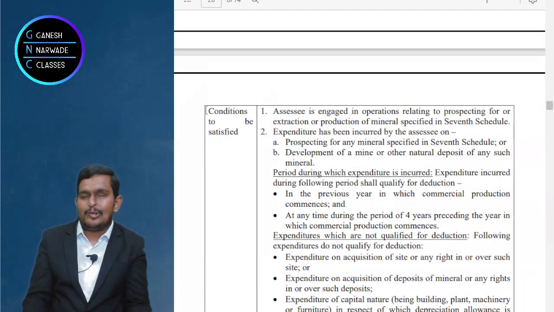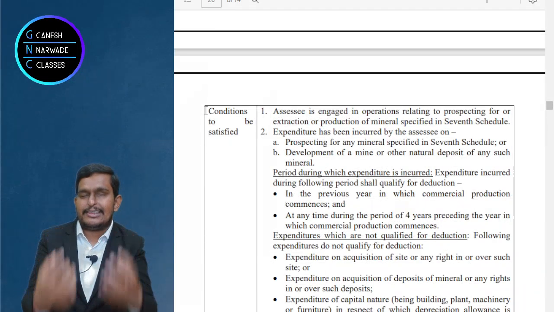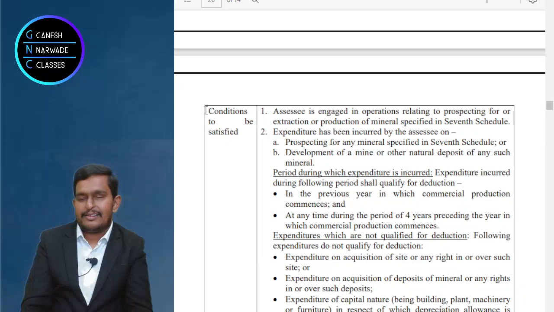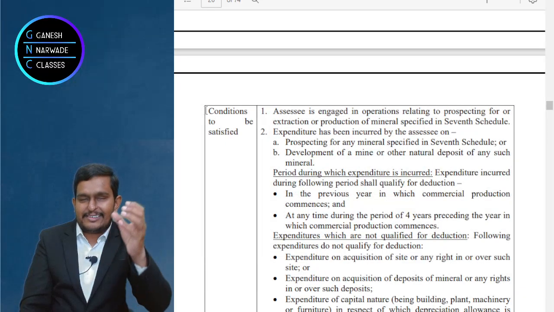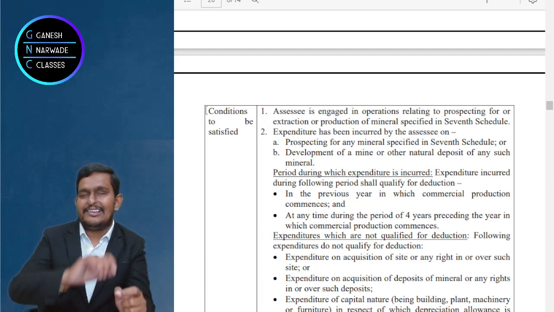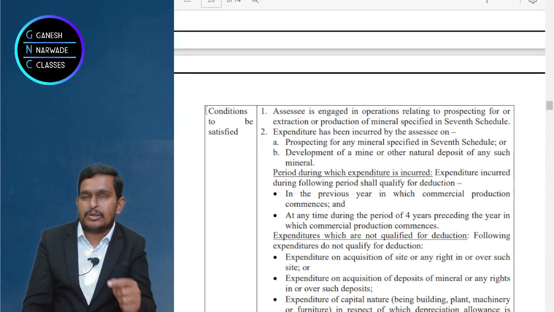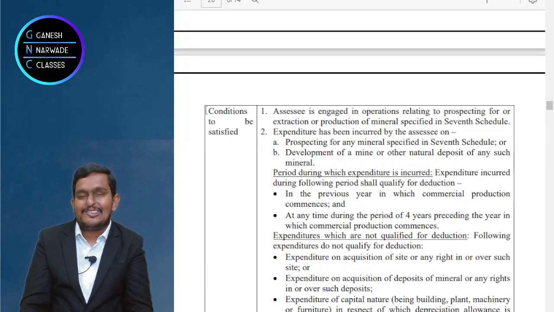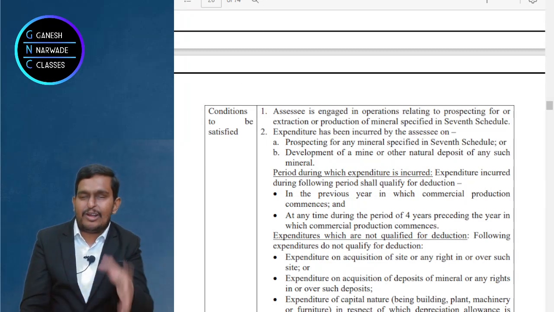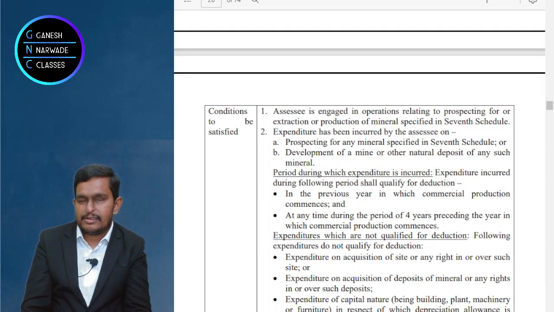Sir, when should we incur the expenditure for all this? If the organization spends money, then only income tax gives deduction, correct? You don't get a deduction for free; you spend, then you get it. So when should they spend the money? Within 1 year from the commencement of the business, or within 4 years immediately before the commencement of business.